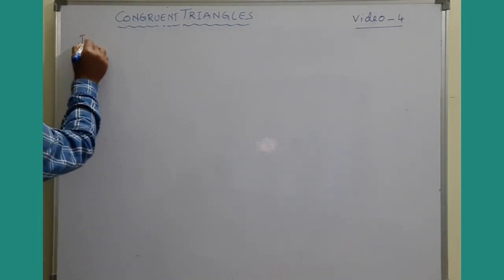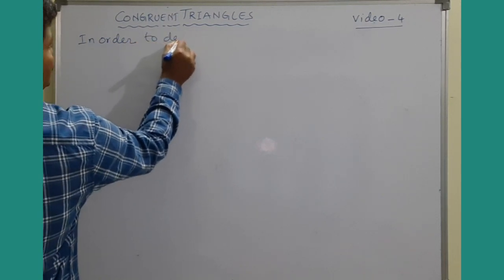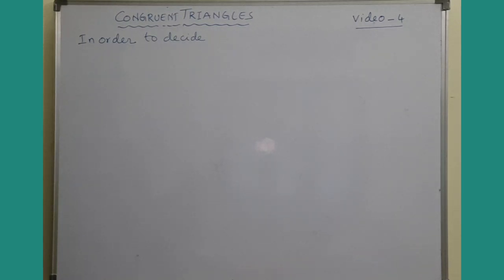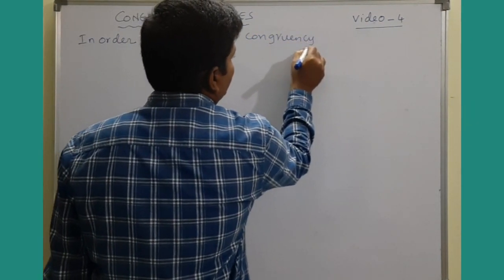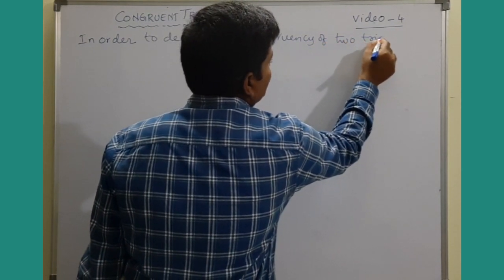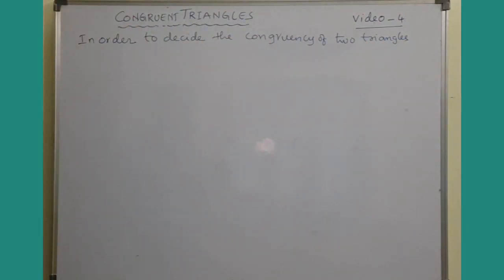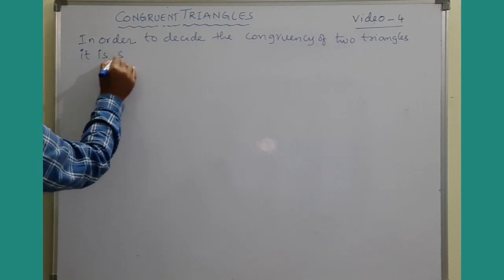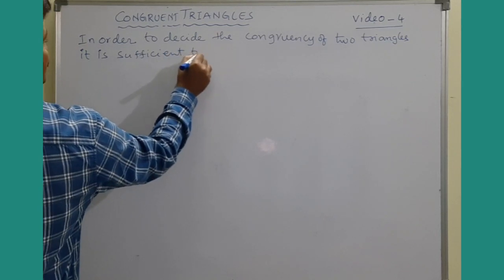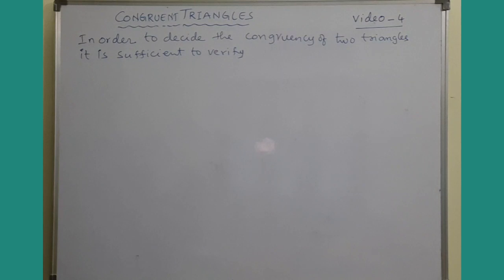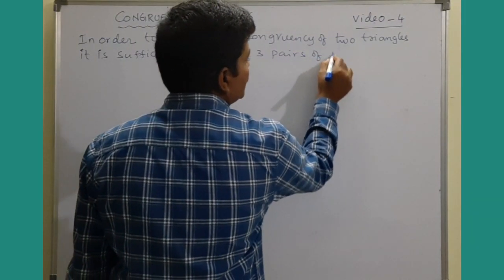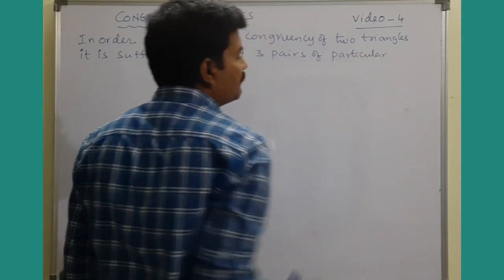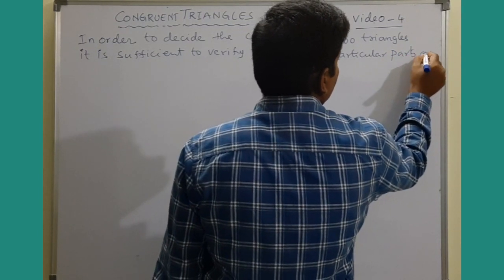So in order to decide the congruency of two triangles, it is sufficient to verify three pairs of particular parts are equal.